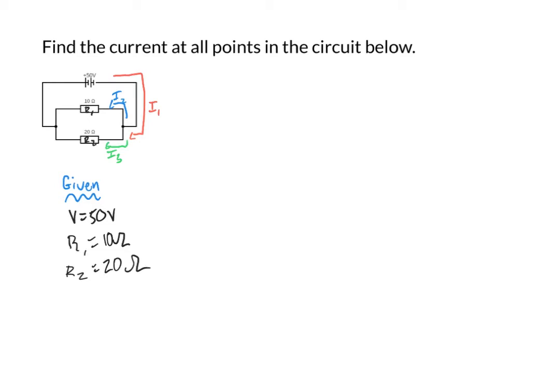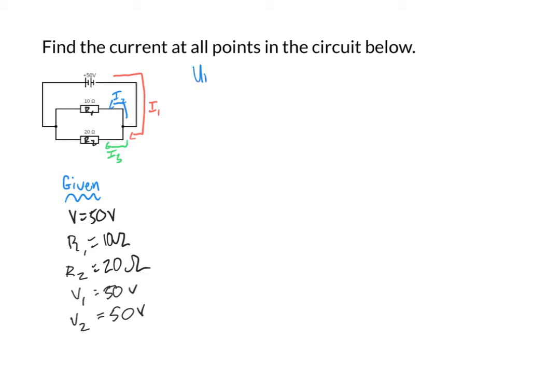Additionally, I know from Kirchhoff's first law, the loop law, that the voltage drop across both of my resistors has to be 50 volts. So I'm going to say that V1 is equal to 50 volts and V2 is equal to 50 volts. And those are going to be all of my givens.